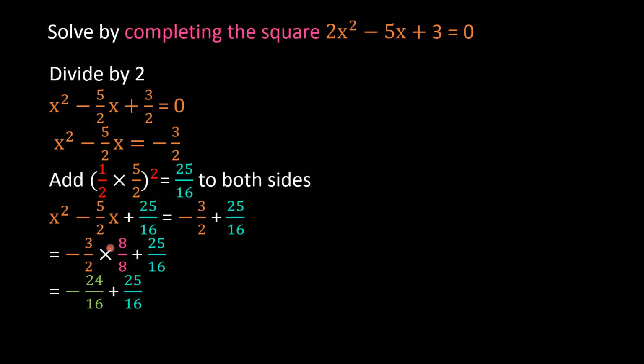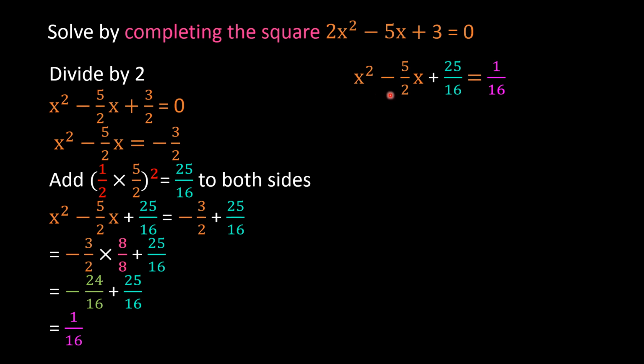So minus 3 multiplied by 8 is minus 24. 2 multiplied by 8 is 16. Next, 25 minus 24 will be 1 and 16 the common denominator. So this expression equals 1 divided by 16.